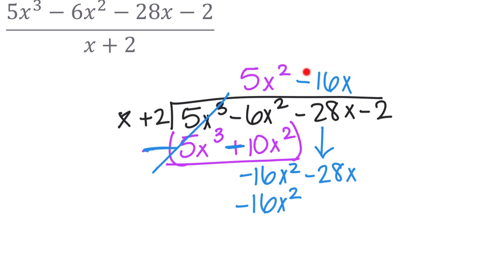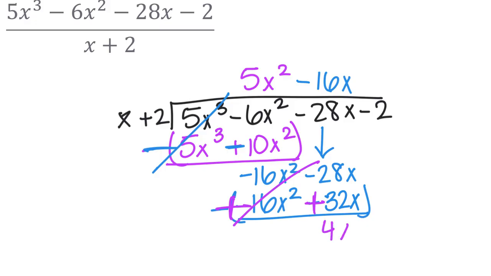Then negative 16x times 2 is going to give me negative 32x. Don't forget, you are subtracting these. And then don't forget you have to change your signs. So changing my signs, these are going to cancel out. Negative 28 plus 32x is going to give me 4x.